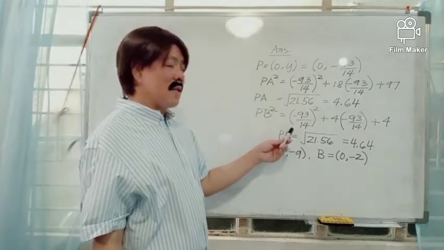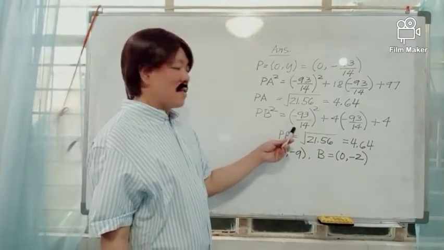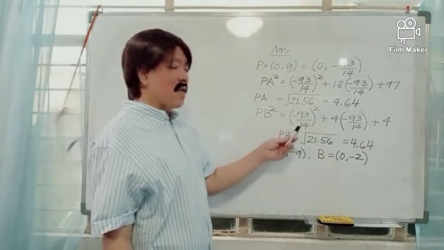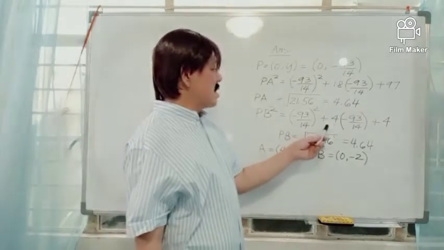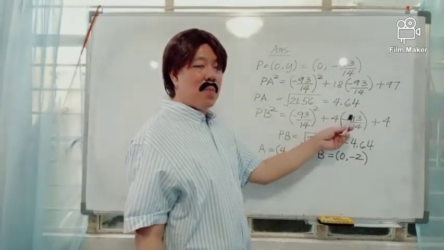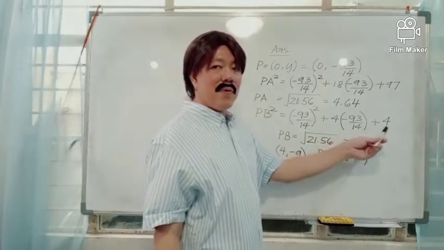Similarly, you can calculate the value of this, the square of negative 93 over 14 plus 4 times negative 93 over 14 plus 4.